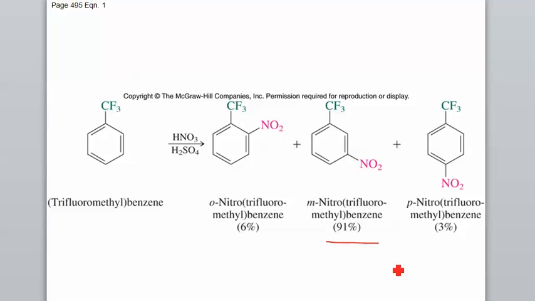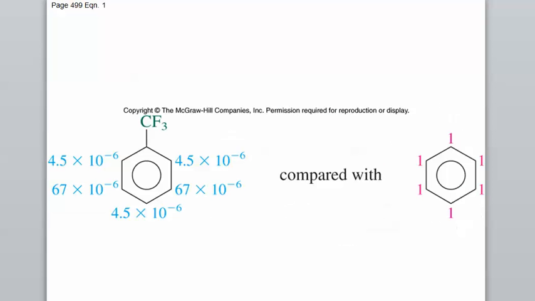And CF3 certainly does that. So this is a good way perhaps to make that meta nitro isomer, assuming that's the position that you want that nitro group to go. Not a very good way if you're trying to make ortho or para.